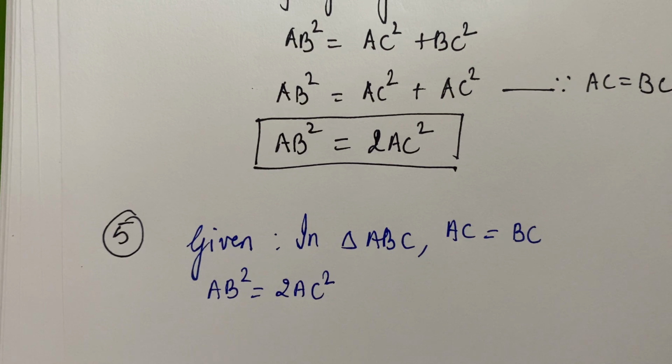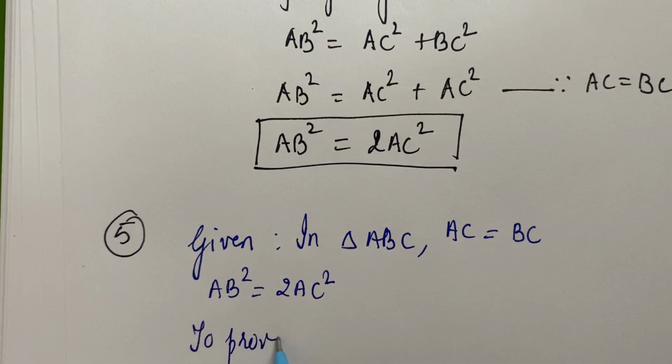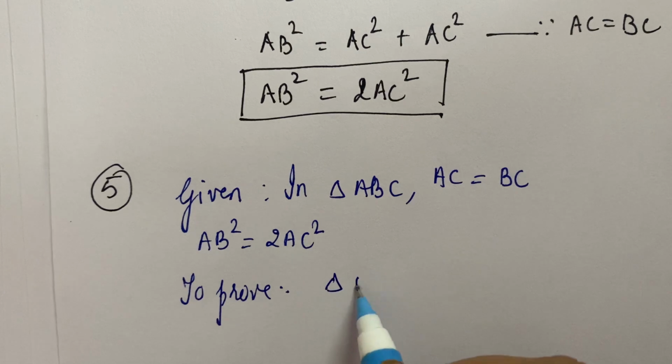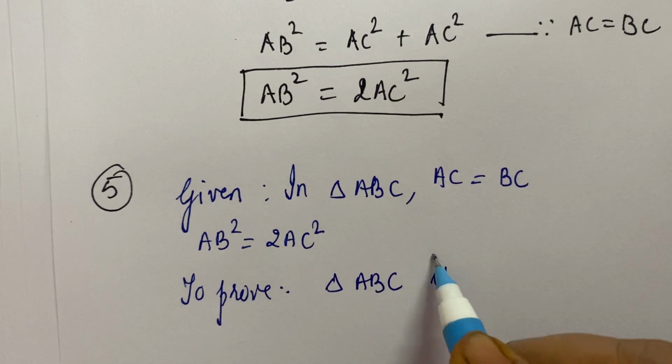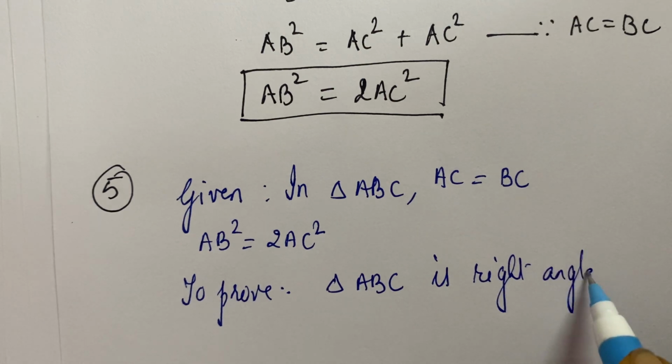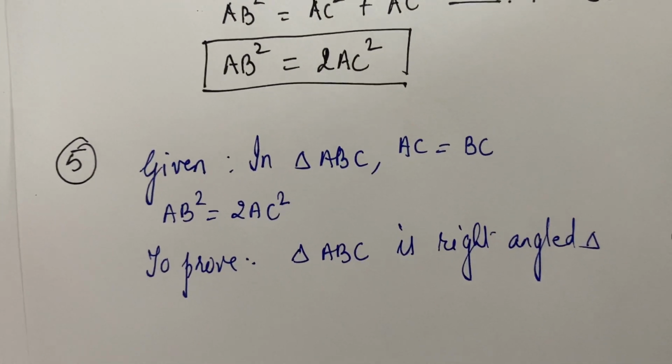What do you have to prove? You have to prove that triangle ABC is a right angled triangle. This is what we have to prove.